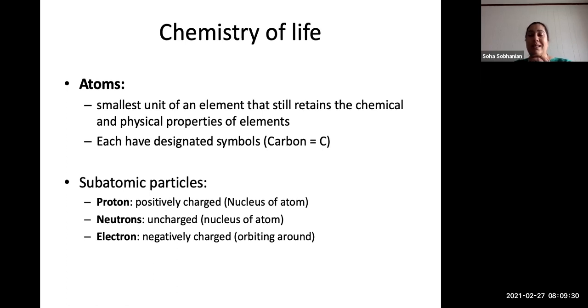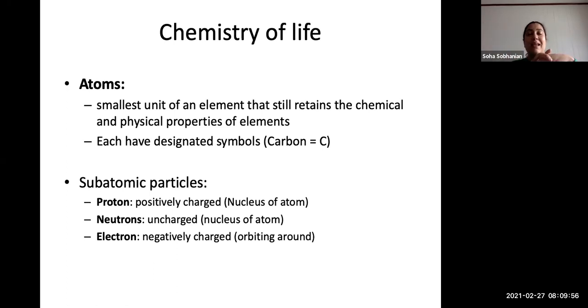So the first question is, what are atoms? Atoms are the smallest component that has the characteristics of a specific element. Those characteristics are both the chemical and physical properties of an element. Let me give you an example. When you look at the periodic table, I always give the example of gold, because everybody's like, oh, gold.